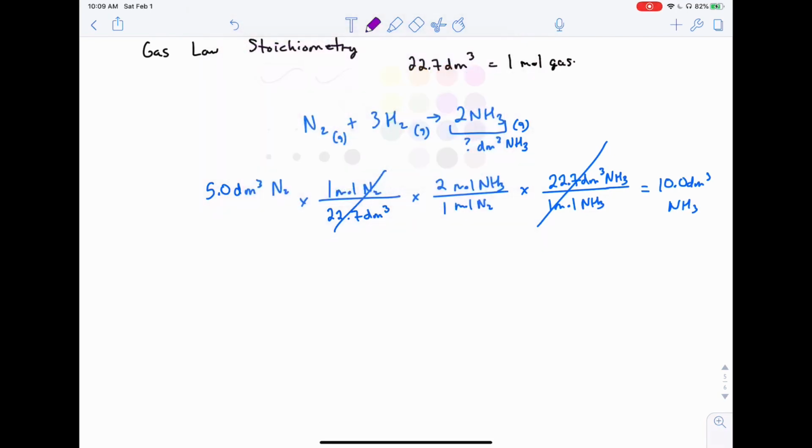And so instead of writing this whole thing out, you can just say, and this only works for gases, 1 decimeter cubed of N2 is the same as 2 decimeters cubed of NH3. So for gases, you can skip a bunch of conversions because the volume to volume ratio is the same as the mole to mole ratio for gases at the same temperature and pressure.